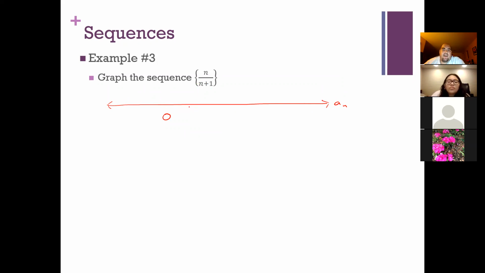when n equals 1, I'm going to have 1/2. So basically these vertical hash marks are going to stand in for points in this sequence. Then 2/3, I'm going to have a value. Then 3/4, and this might not be to scale, but that's okay. I mean, really, all I want to do is get a sense of how these points are accumulating.